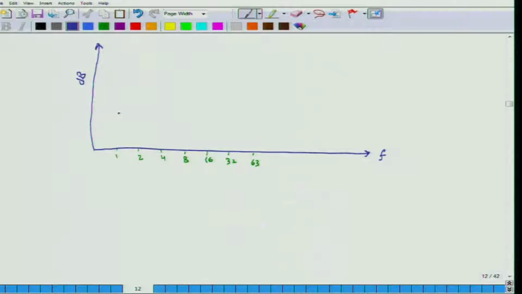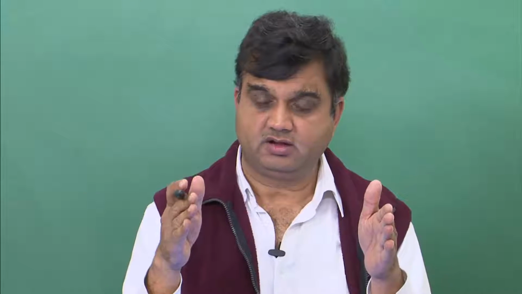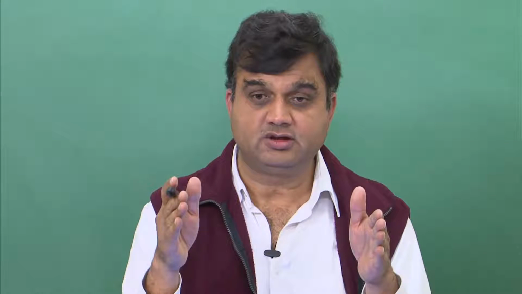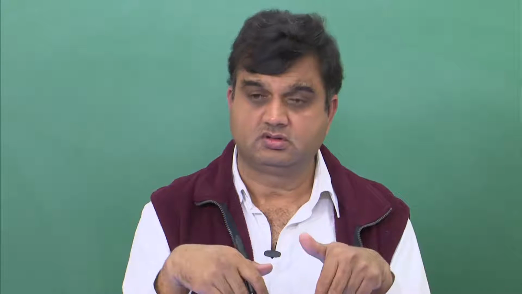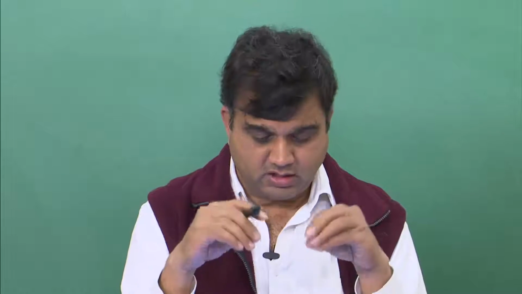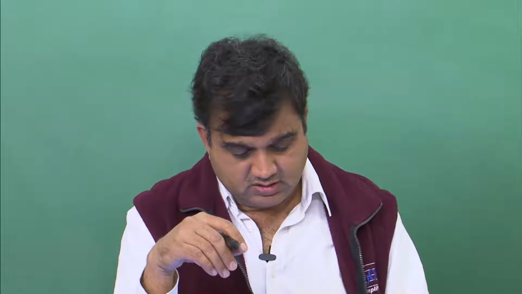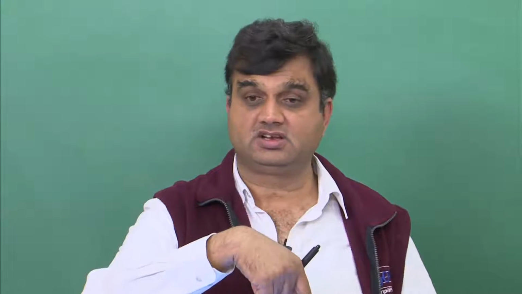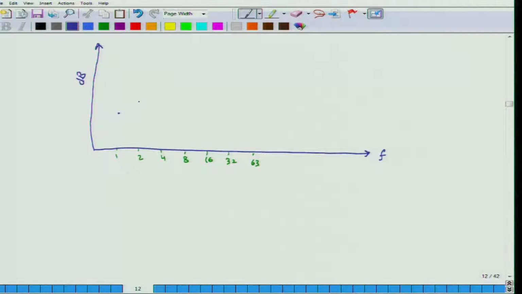That is not the value you are going to put on this graph. Rather, you will see what is the total energy in this octave band. There will be some SPL corresponding to that, and that SPL you are going to put here. How will you calculate it? We will discuss that later. But the point I am trying to make is that this value is not directly taken from the FFT of the signal. It will require further processing. So you may get different values.